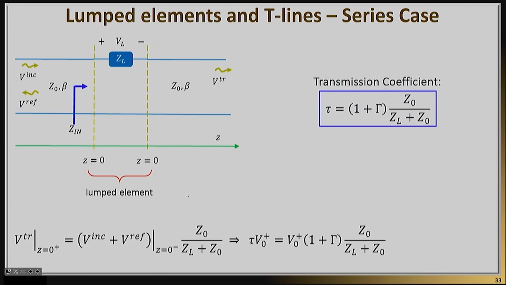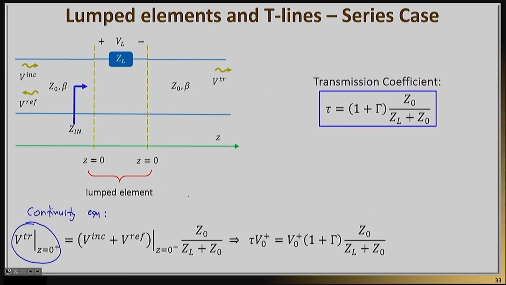We can truly find the correct tau by, again, applying the continuity equation. The continuity equation, as a reminder, is the equation you have to enforce for the voltage at the location of the load. So I have to make sure that the voltage at the location of the load at z equal, for example, z naught plus is equal to the z is equal to z naught minus.